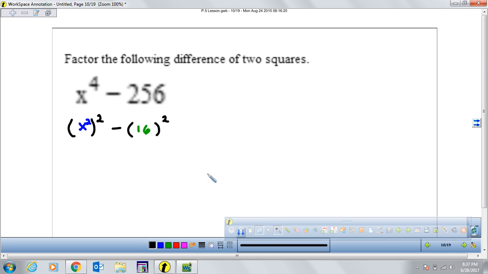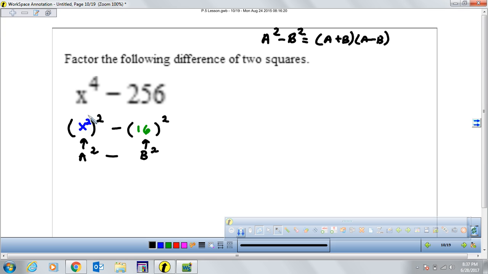So, based on the formula, remember the formula for difference of squares is a squared minus b squared equals a plus b in one factor and a minus b in the other factor. So we already got a and b, you see? This is a squared minus b squared.